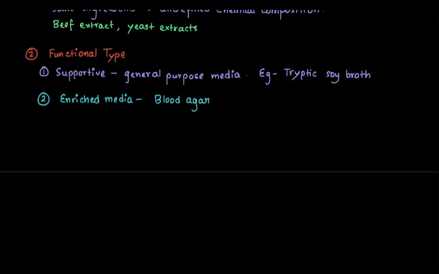These media provide some extra components which are present in the blood to encourage the growth of some fastidious microorganisms. And we can use this blood agar to look at any bacteria, whether they're causing hemolysis or not, whether it be alpha hemolysis or beta hemolysis.